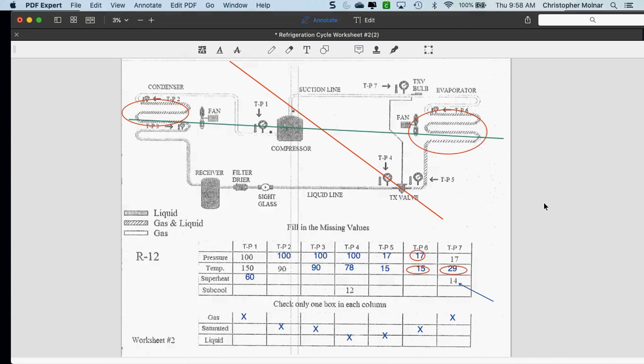If I have less refrigerant in my evaporator, my superheat is going to be higher. So what do I use superheat for? To know how much refrigerant is in the evaporator? Yeah, it basically is my tool for figuring out how much refrigerant is in the evaporator.